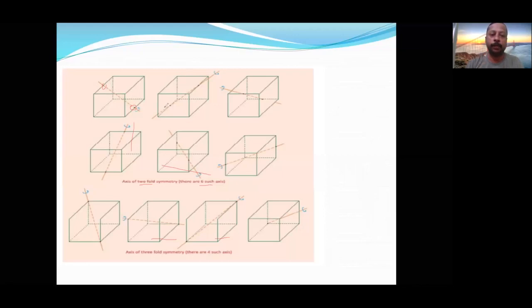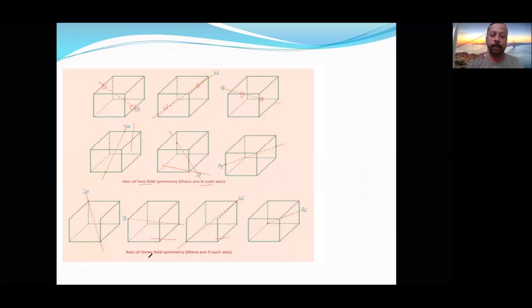Okay. So this is one edge center, this is another edge center. See here, this is an edge center, this is another edge center. Like that, there are six twofold axes of symmetry.